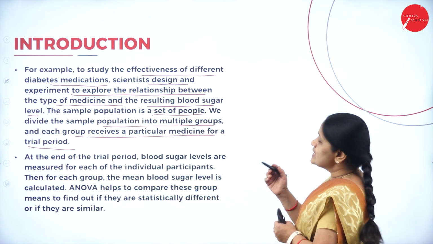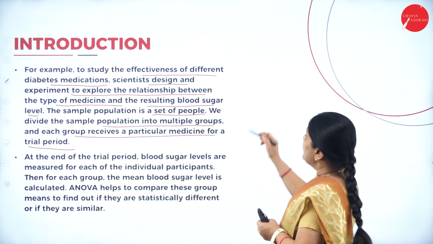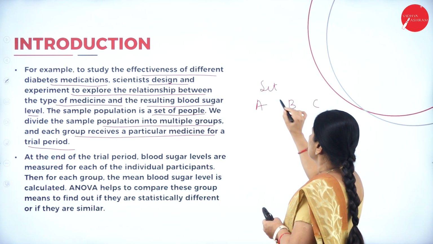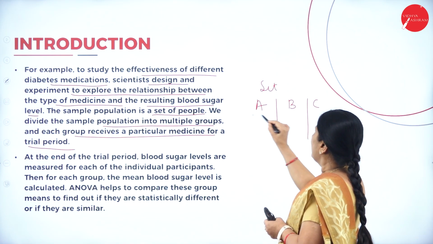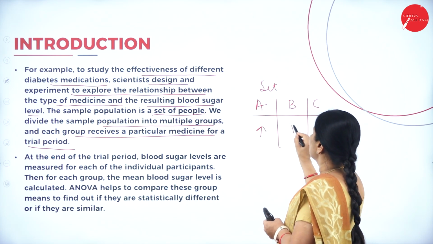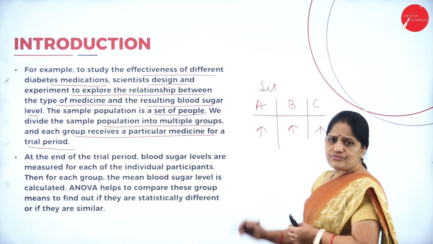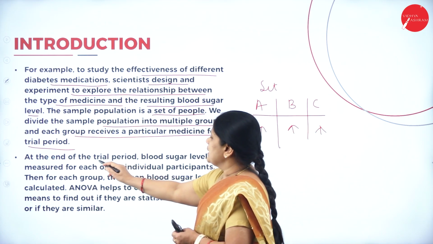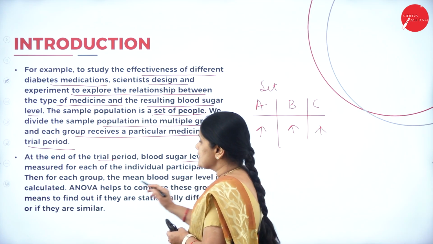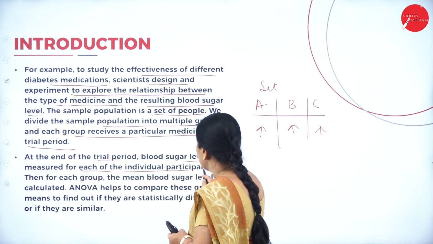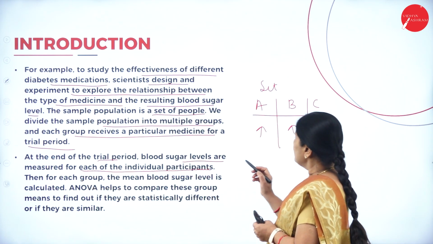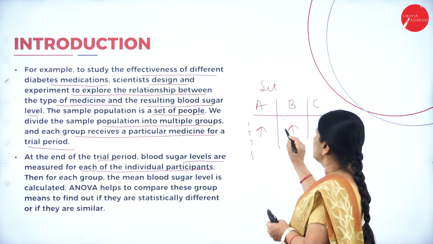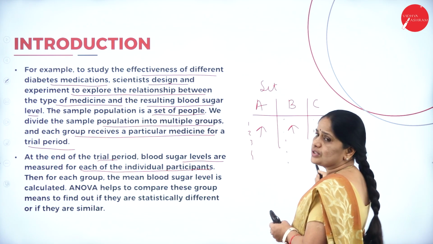So, we have a set of diabetic patients, and for them we create groups, and each group receives one kind of medication for their disease. And then at the end of the trial period, the blood sugar levels are measured for each of the individual participants. Here, 1, 2, 3, 4, 5 in each group.